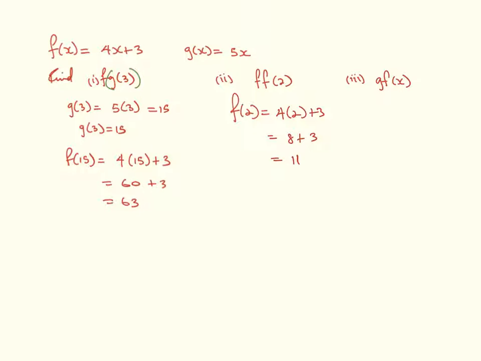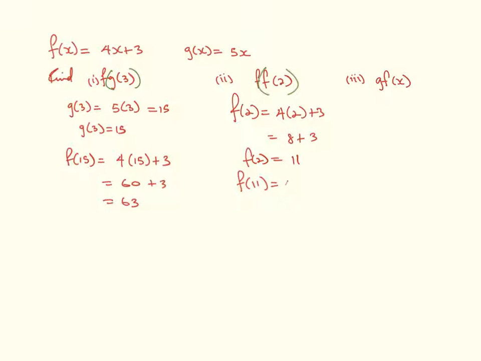Okay, so now that I know that f of 2 is 11, I now need to substitute 11 into f again, because that's going to be my f of 2. That works out to be 11, just this bit here. So now I need to put 11 into f again. So I'm going to now go f of 11 this time, and I'm going to replace this x with 11.